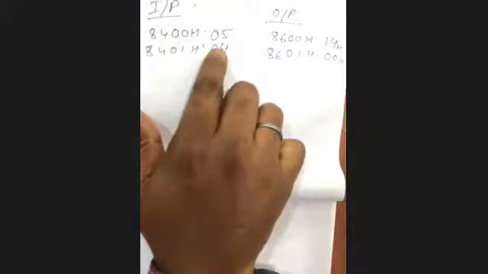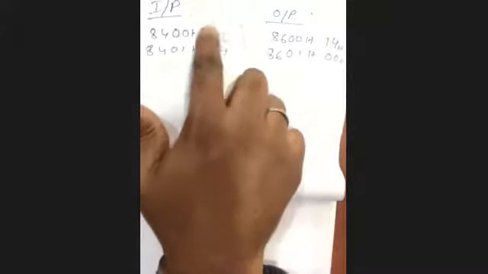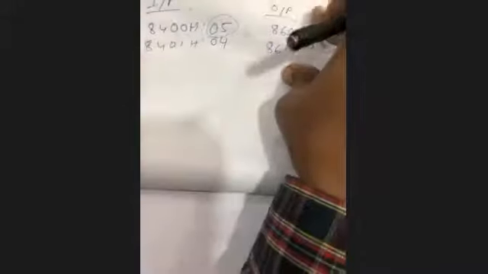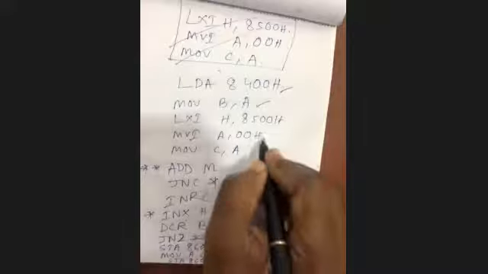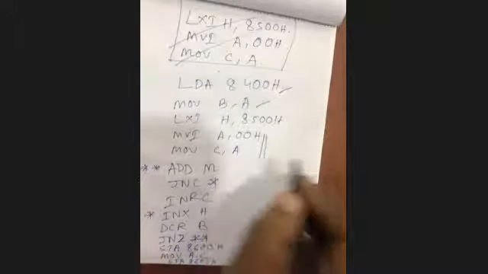So I am using 5 times addition of 4. This value will be stored in the B register, used for loop purpose. So these two lines are absolutely okay. These two lines are also absolutely okay.